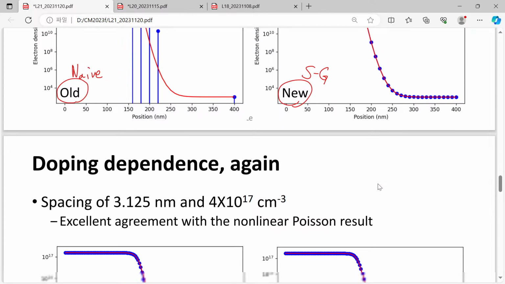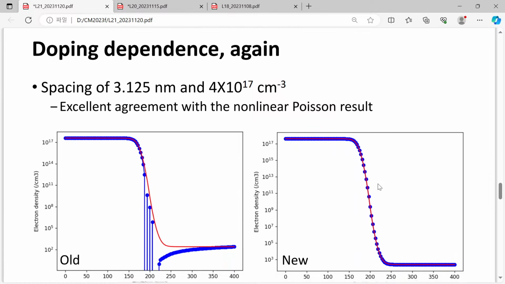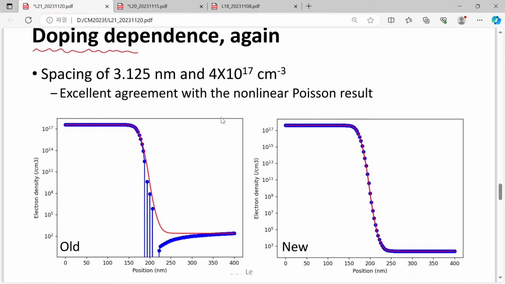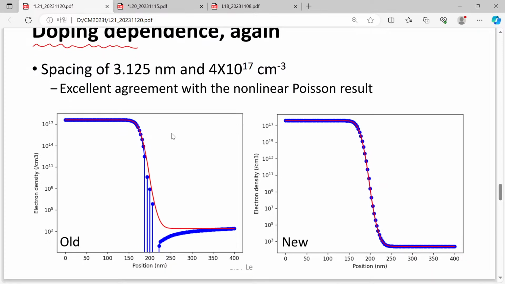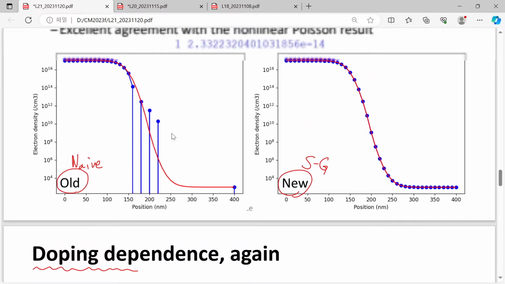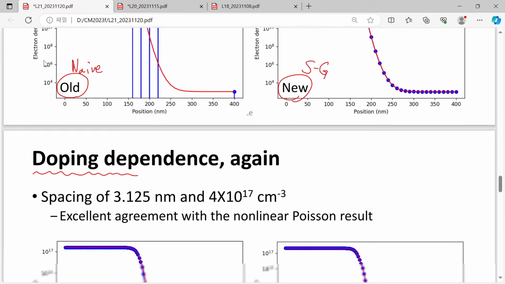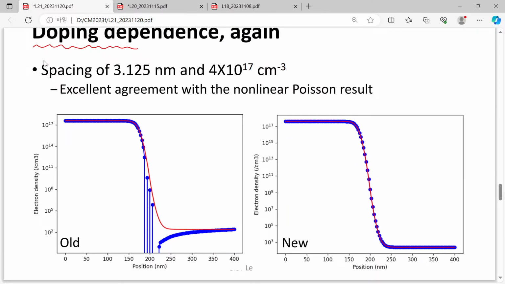Another one, if we're talking about the non-equilibrium case, let's check the doping dependence. Previously in the previous slide, we intentionally used quite a coarse grid, but now we have quite a fine grid, more than 100 points, so nothing related with a coarse grid.